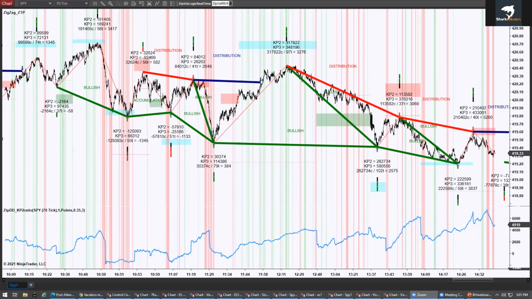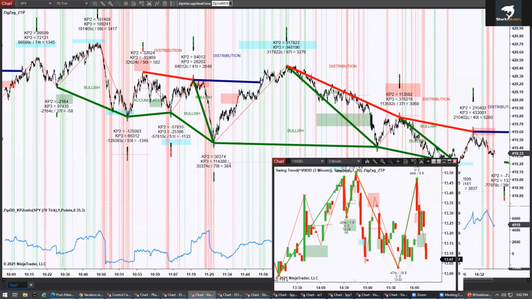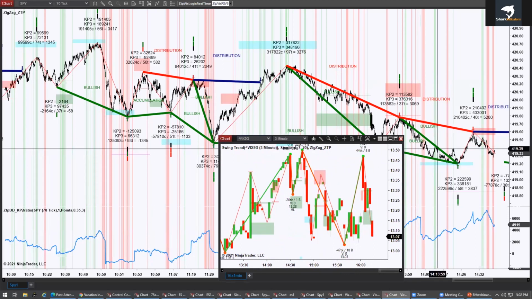Jeff asks if I use the VXX, and actually, yes, I do. The VXX is the tradable symbol for the VIX, and the VXX is also combined into some of these versions. Basically, there are two VIX signals that I look at.